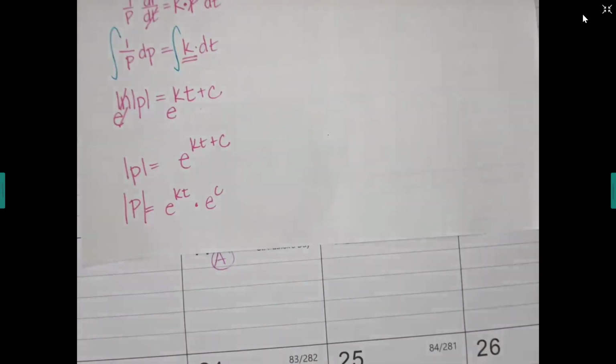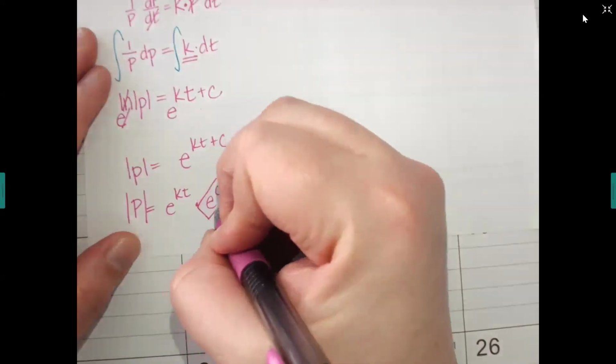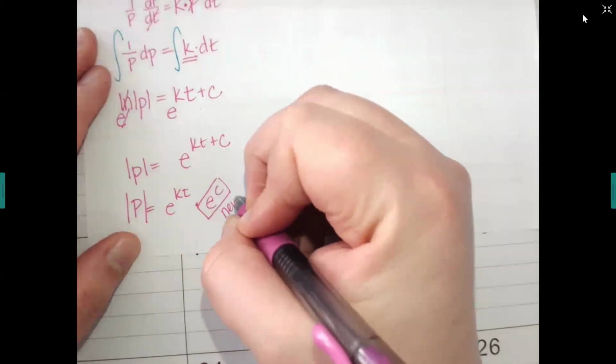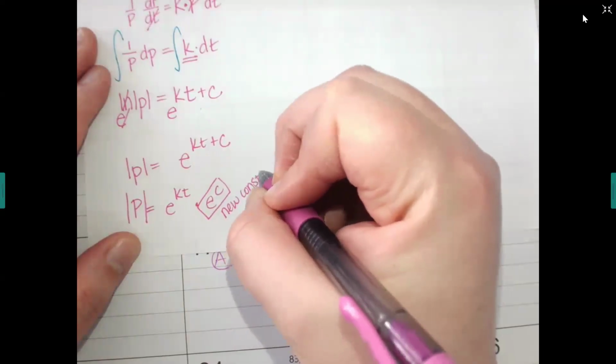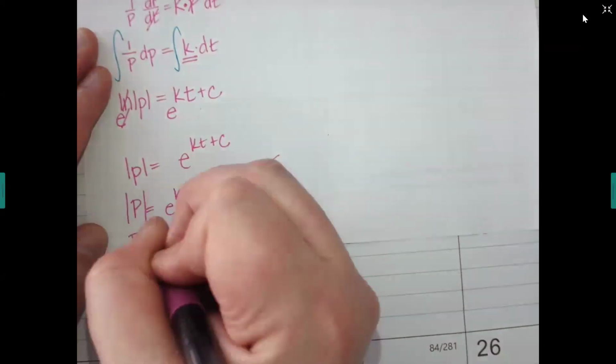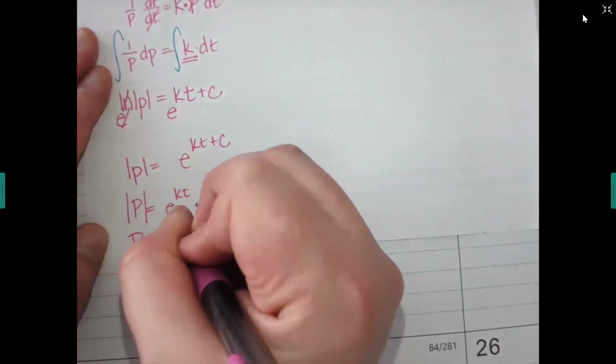And now here's where it's a little bit weird. Remember how we don't know what C is? Okay, it's a number, but we don't know what it is. Well, then e to that power is essentially still a number that we don't know. So we're going to call this a new constant and just combine them together. So your general equation is going to be C e to the kt.